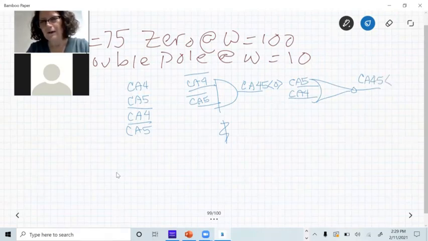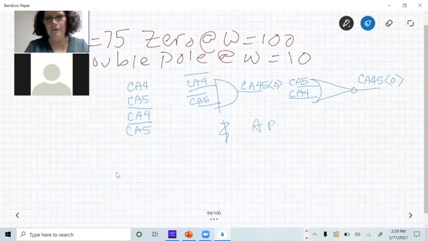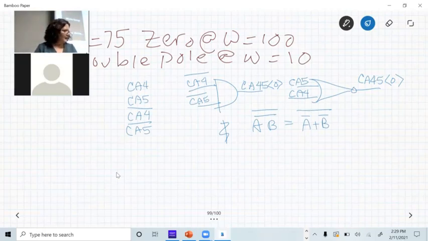The second one would be easier to build with transistors. Remember De Morgan's theorem, A and B is the same thing as double not, equals A not or B not, not. Super useful. De Morgan's comes in all the time.